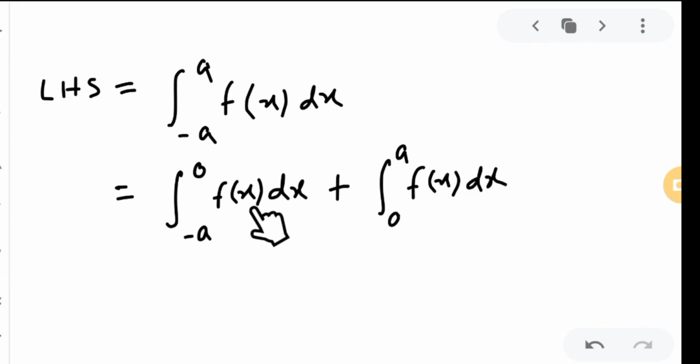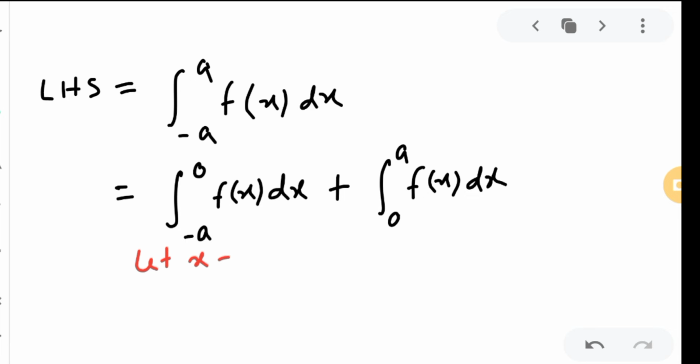Correct? So if x I am taking as something minus, like this. What I mean to tell, for this only I am doing, okay, let t is equal to minus x. I am taking t is equal to minus x. Correct? Or I am writing it like this, x is equal to minus t.